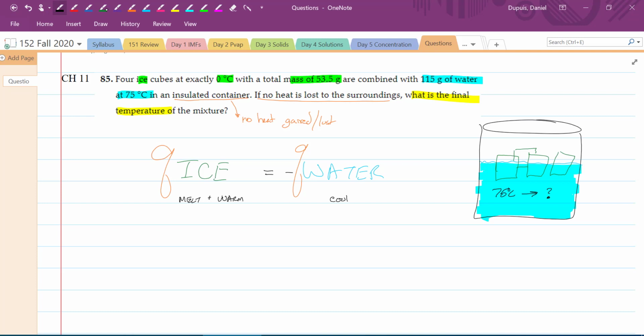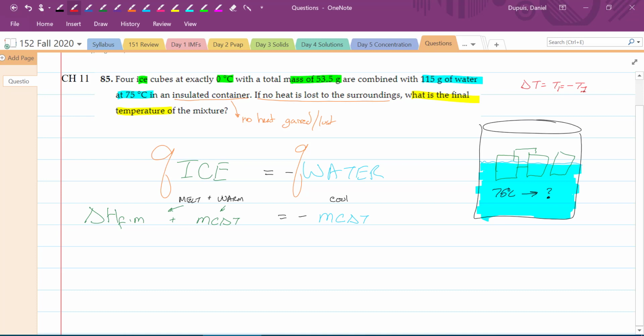So, we have a formula for melting: delta H_f times the amount. And we have a formula for warming, m c delta T. And we have a formula for cooling, m c delta T. Now, because I'm doing it this way, delta T, technically speaking, is T final minus T initial.